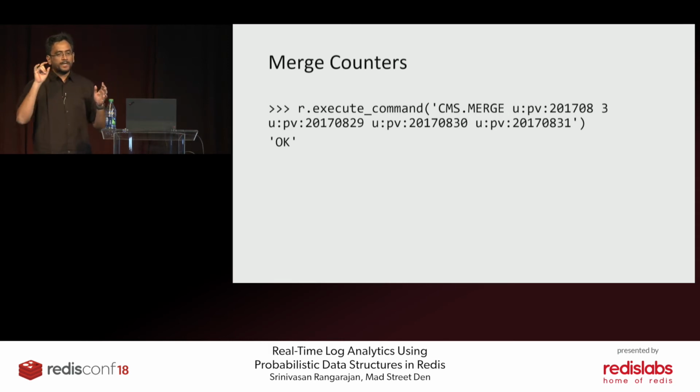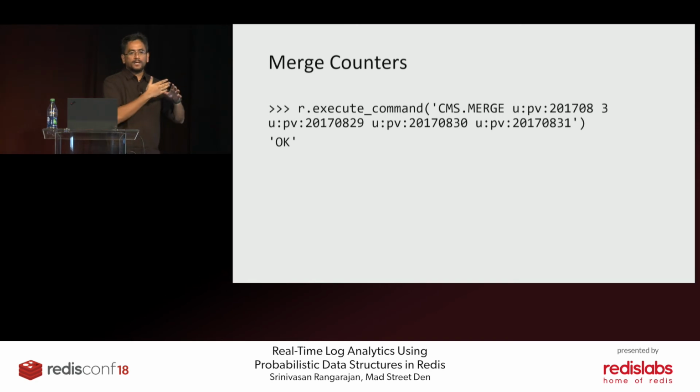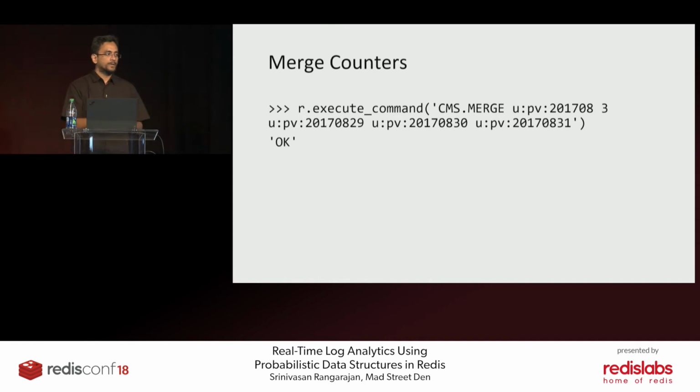Then I specify how many keys that I want to merge together, in this case 3, and I say 29, 30 and 31 are the different keys that I want to merge together, and it is all merged together into the destination key. And the same way you can do hourly to daily and daily to monthly and so on. So this is a pretty cool way to do this.